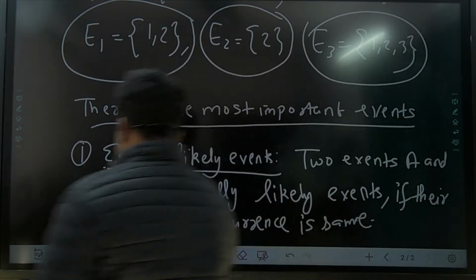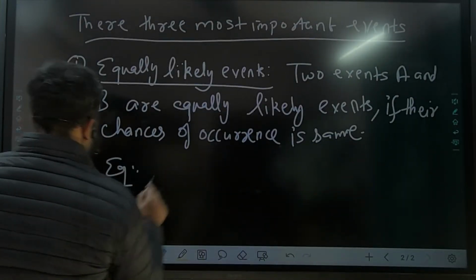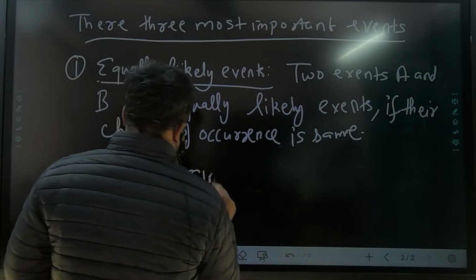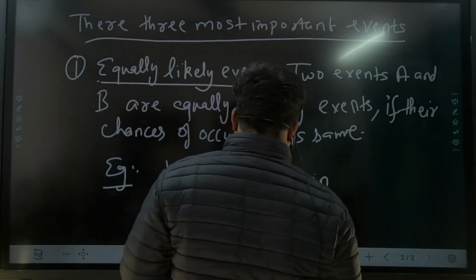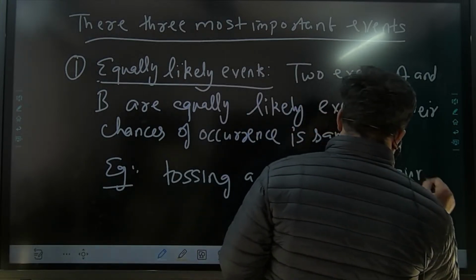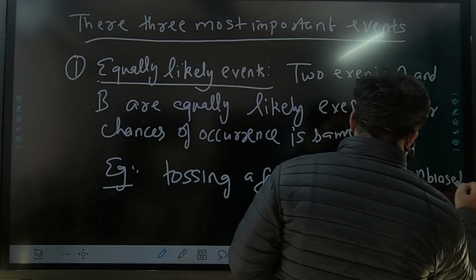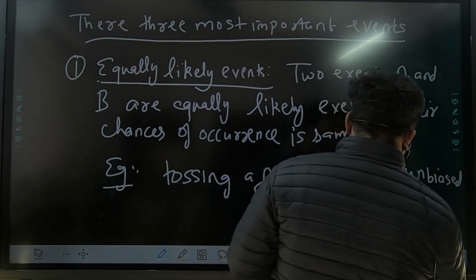For example, tossing a fair coin. Fair is also used as unbiased. Unbiased means fair, and unfair is used as biased.